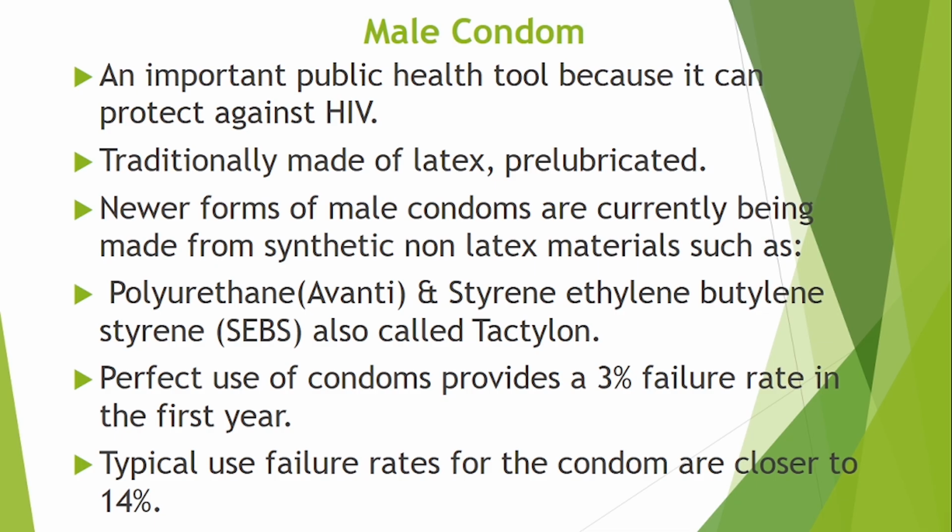It's traditionally made of latex and usually pre-lubricated, and may be lubricated with just ordinary lubricants or may also contain spermicides. There are newer forms of male condoms that are currently being made from synthetic non-latex materials, such as polyurethane.